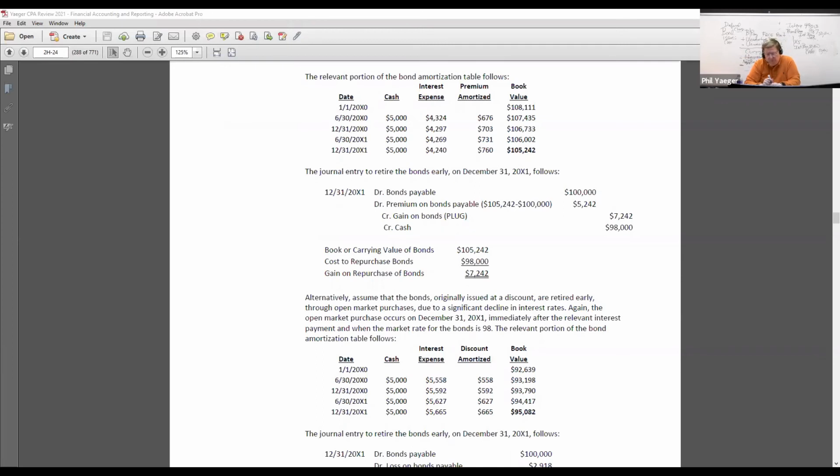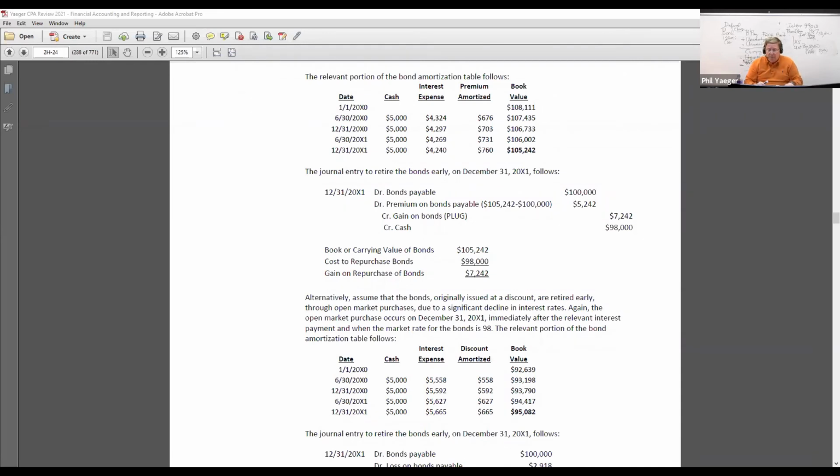One last question, Phil. For retirement of bonds, you compute the gain or loss, and if you have an unamortized discount, you also close it and figure it into the gain or loss, right? That is correct. If you retire your bonds, you assume any unamortized premium or discount is written off in its entirety.